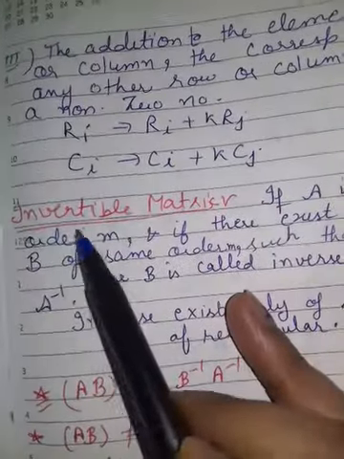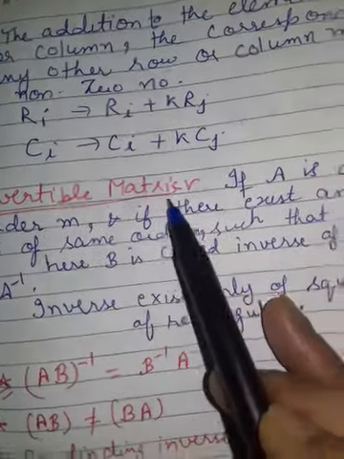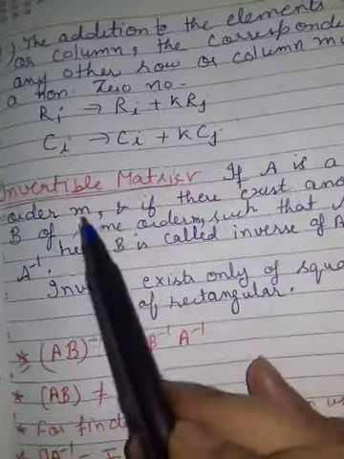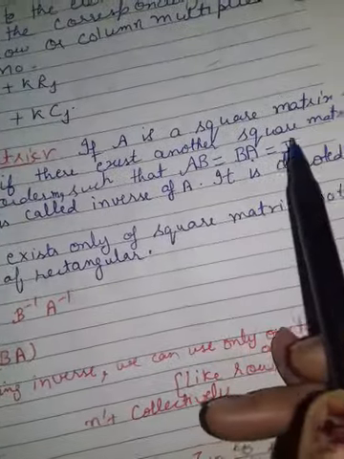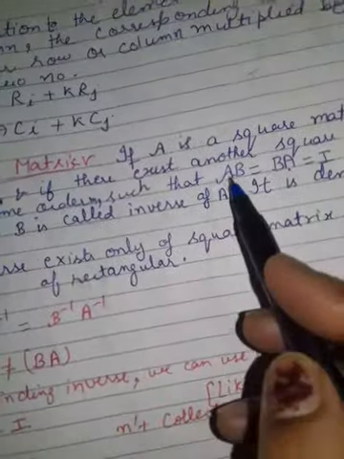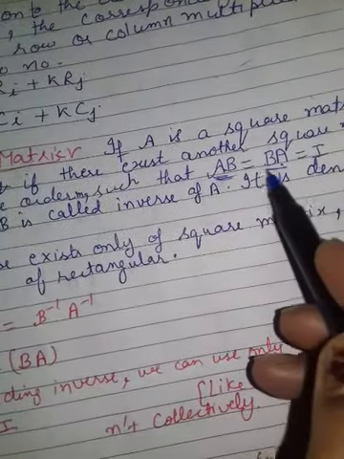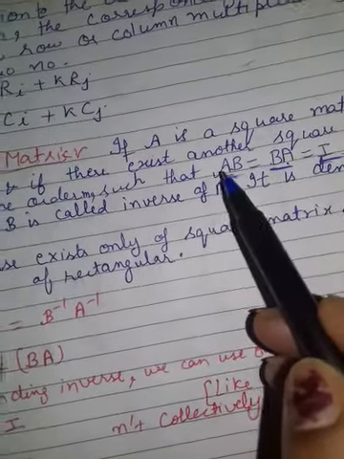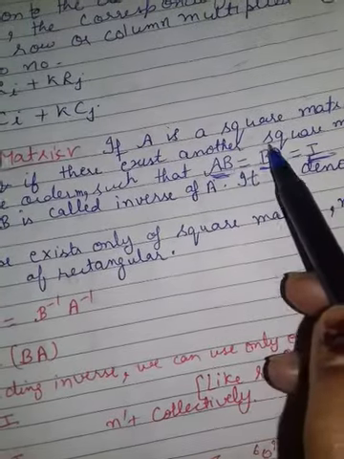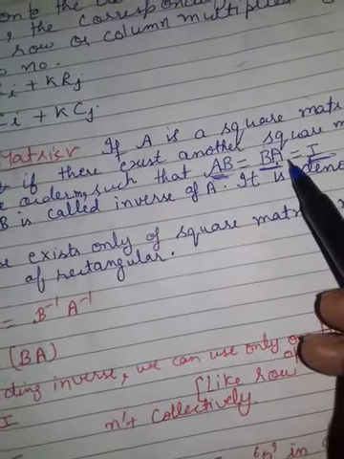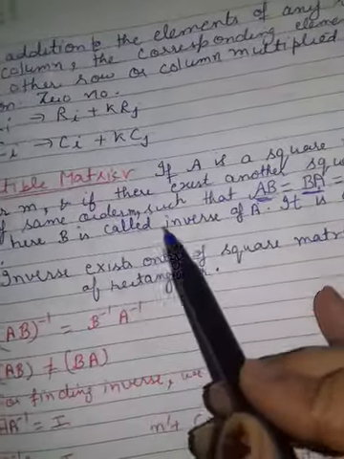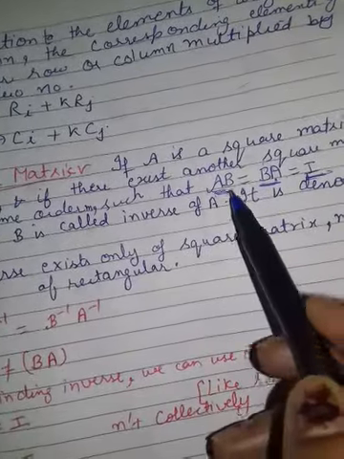Now firstly I am telling the invertible matrix. If A is a square matrix of order m and there exists another square matrix B of the same order m such that AB equals BA equals I, then B is called the inverse of A. Why?